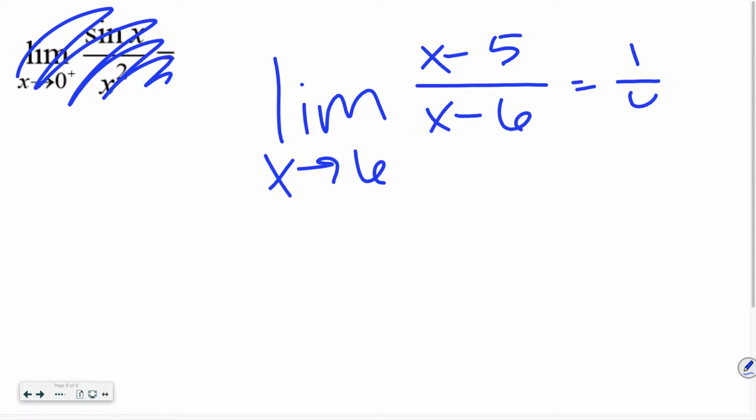This is 1 over 0, which means that there is something happening there to where we can't actually evaluate the limit. Specifically, what is happening here at 6? We have a vertical asymptote at x equals 6. So we would have to figure out what's happening on the right side and left side of x equals 6. What happens is the right and left are approaching 2 different infinite values. So this limit wouldn't exist. We can only use L'Hopital's rule if we get 0 over 0 or infinity over infinity.